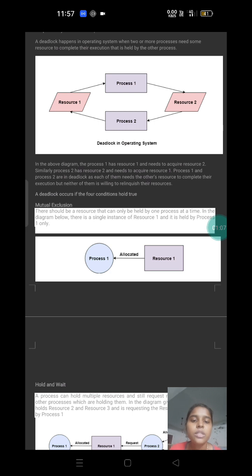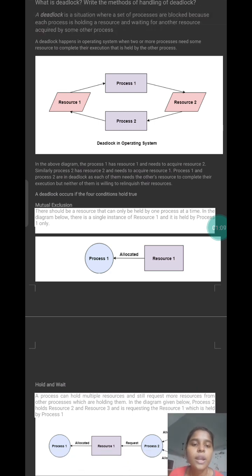Similarly, process 2 has resource 2 and needs to acquire resource 1. Process 1 and process 2 are in deadlock as each of them needs the other's resource to complete their execution, but neither of them is willing to relinquish their resources.